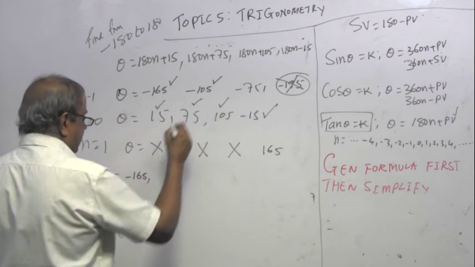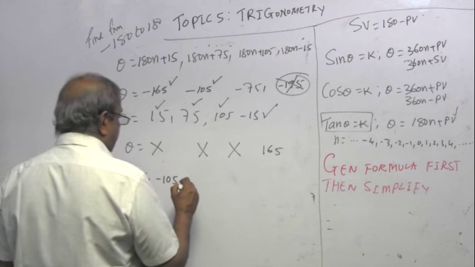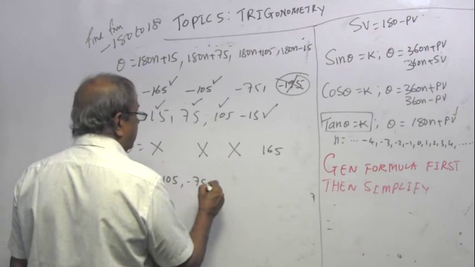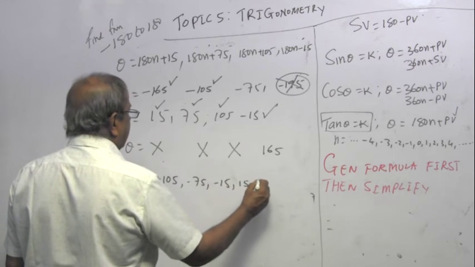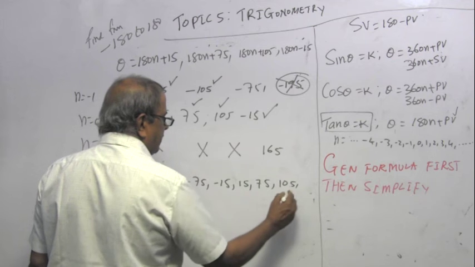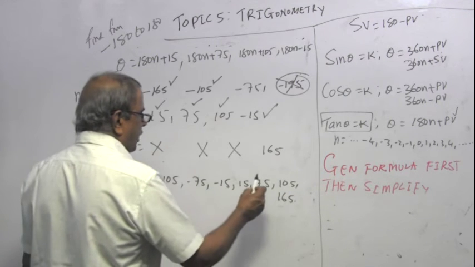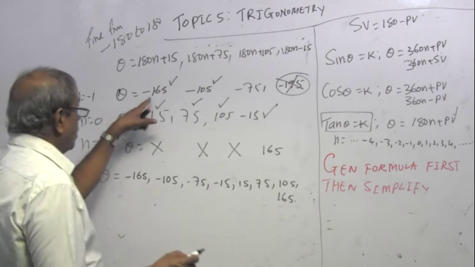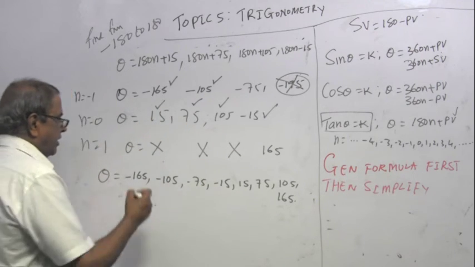The next angle is minus 105. And then the next angle is minus 75. Then you have a minus 15. Then you have a 15. Then you have a 75. Then you have a 105. Then you have a 165. Always cross check. 1, 2, 3, 4, 5, 6, 7, 8. I have written 8 answers.